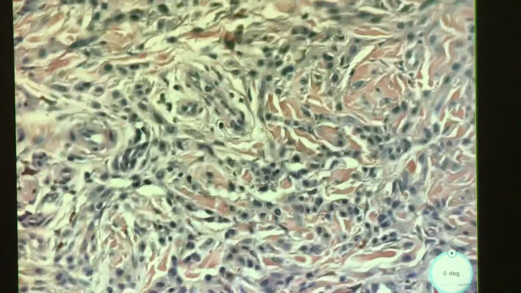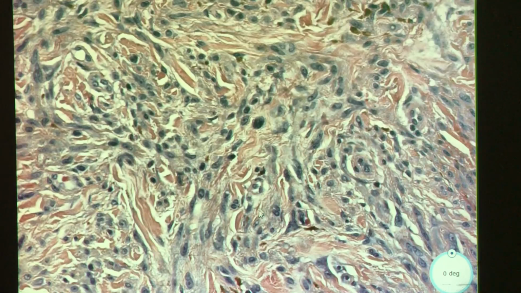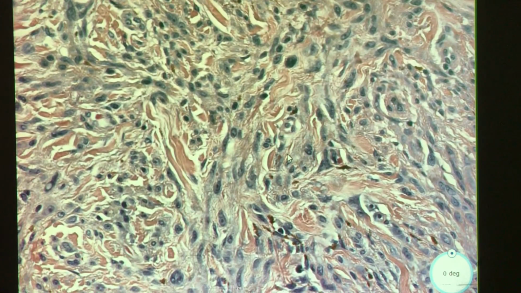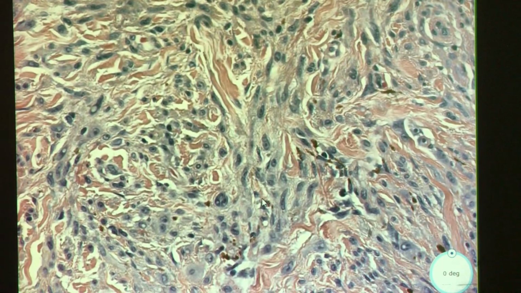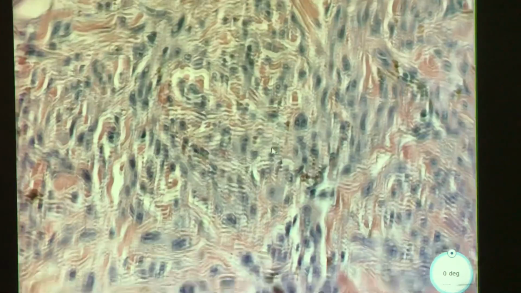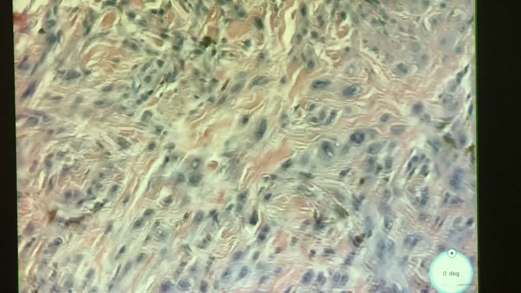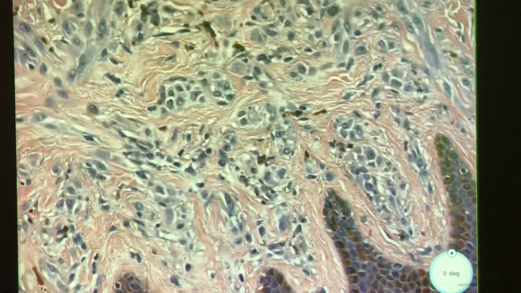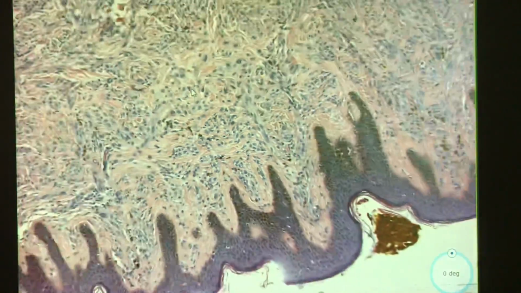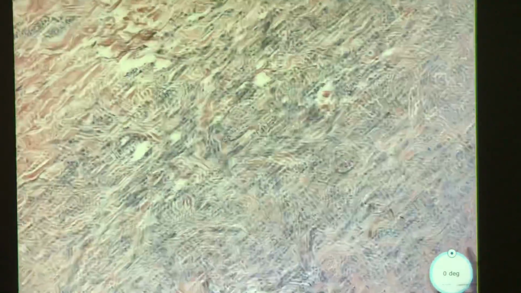And there's one other thing that you can see. Well, we're seeing somewhat vascular stroma, not overly. And I don't think we see any of the other features in this case, unfortunately.